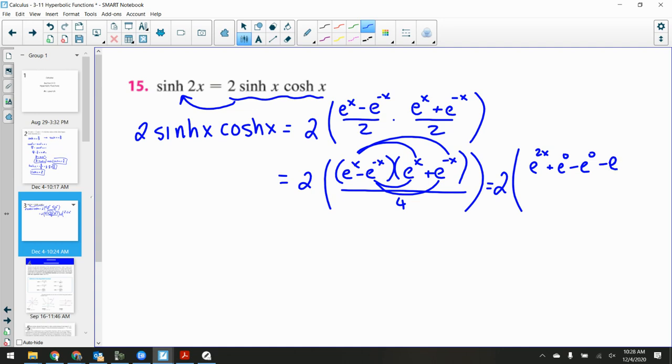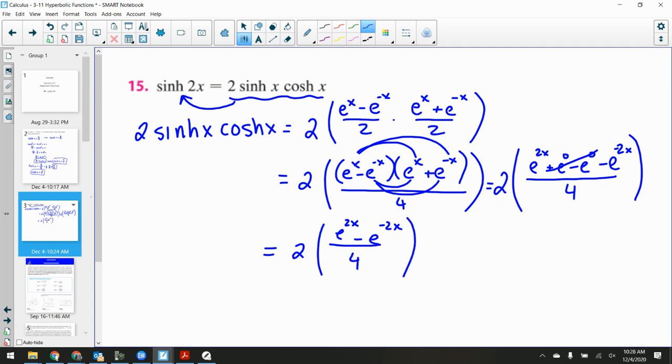So that's minus e to the negative 2x, all over 4. So that means that we can take 2 times, now those will cancel, e to the 2x minus e to the negative 2x, all divided by 4.